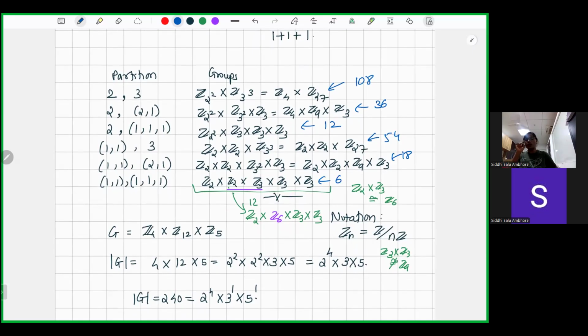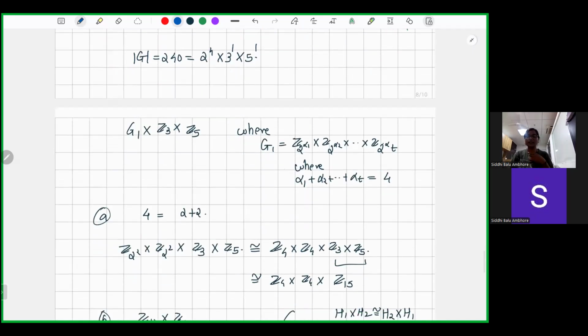Okay, so for checking whether a given group is isomorphic to the groups in the options or not, first we need to check the cardinality, and second, we need to check the exponent of that group. That is where the key lies.